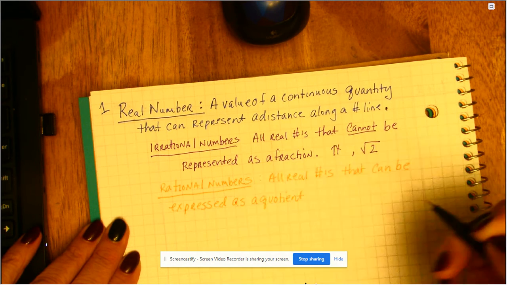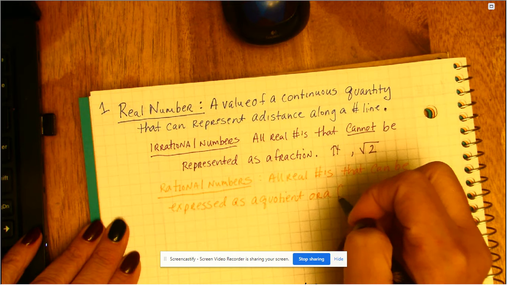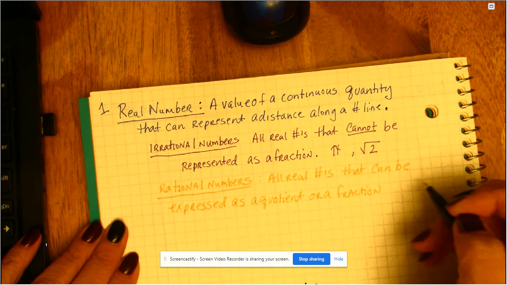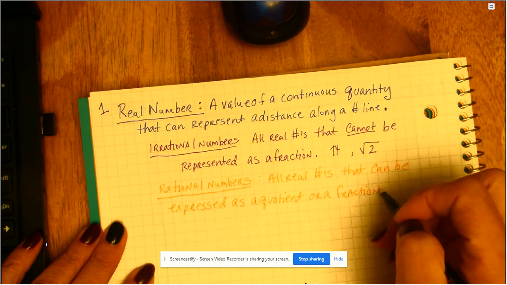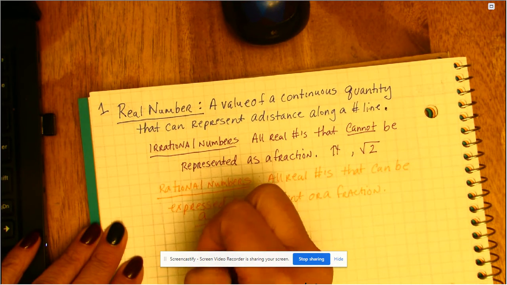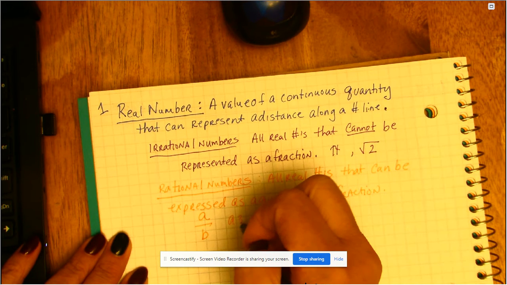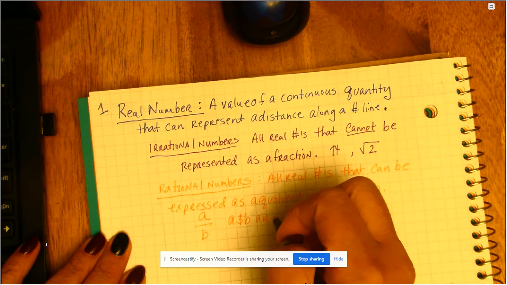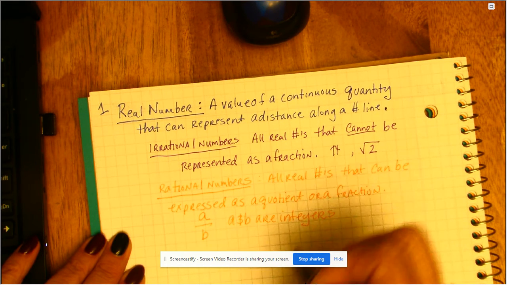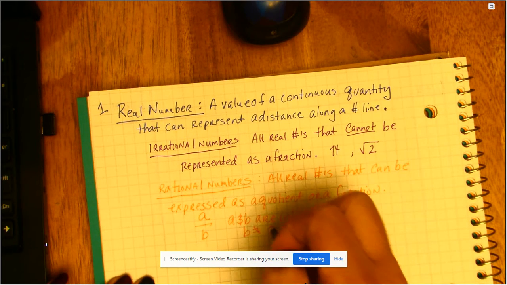Remember, quotient is the answer to a division problem, or a fraction, which oftentimes when we have fractions, that also represents division. So that's kind of how those two match together. Symbolically, we represent that as A over B, where A and B are integers and B cannot equal 0.